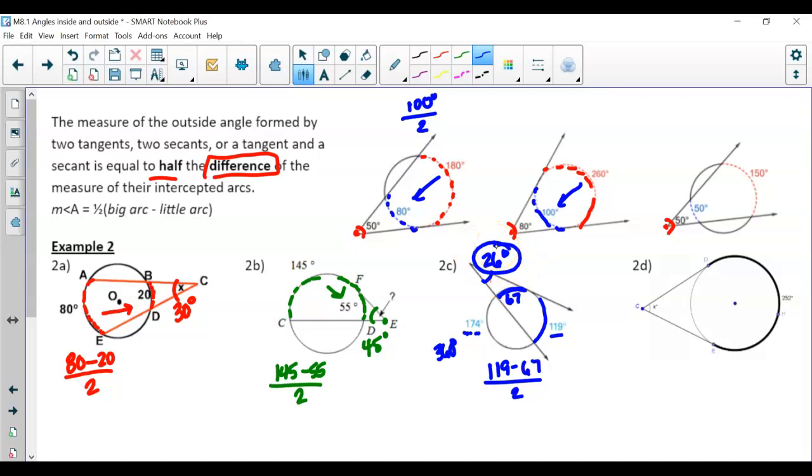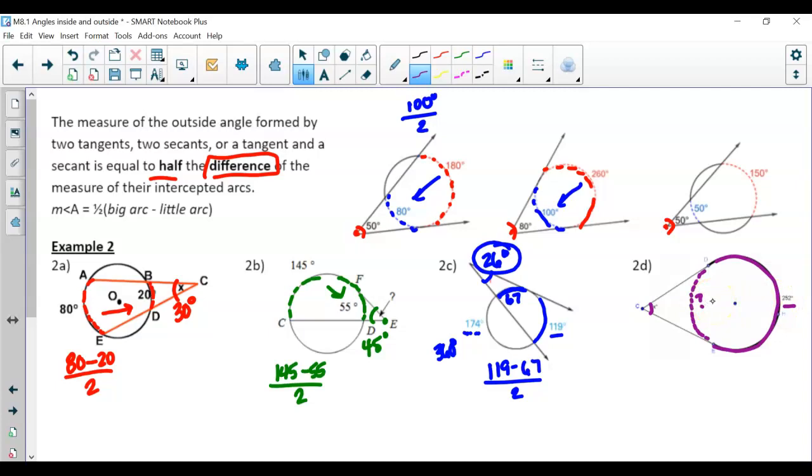So then the last example, you're creating the angle outside by two tangents. Now, notice the two arcs we're creating. We're creating this arc here, the minor arc BE, and then this major arc BHE, which is 252. So again, we need to figure out what is this arc to subtract.